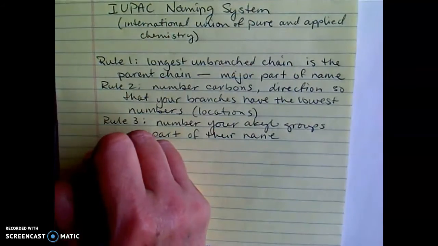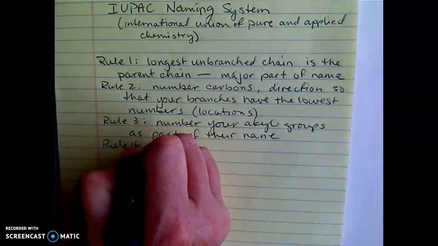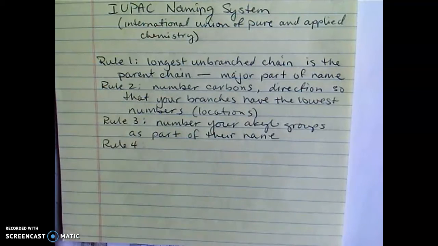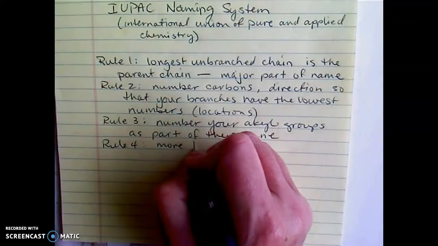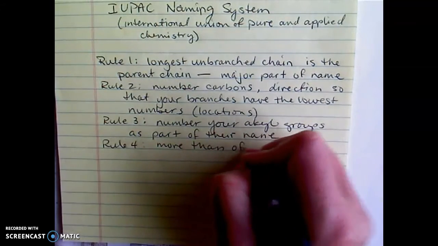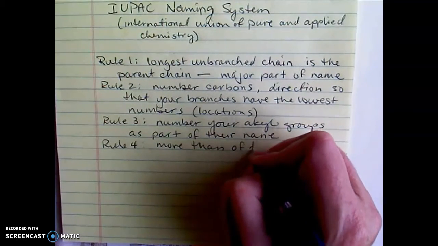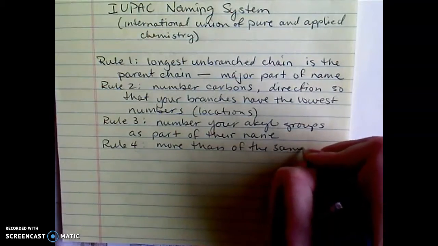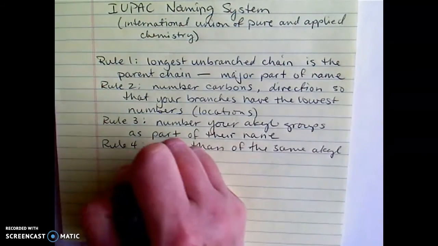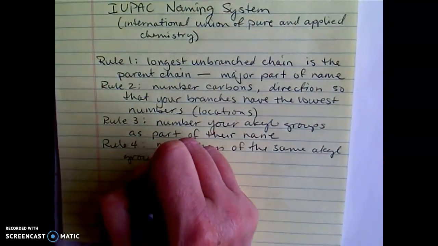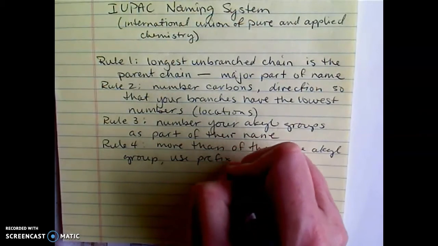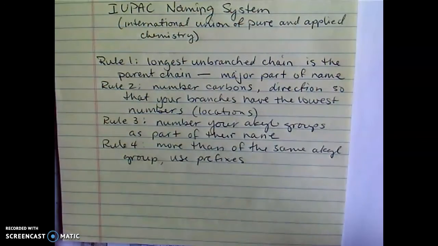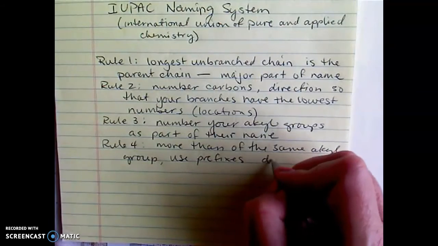All right, rule number 4, if you have more than one of the same kind of group, more than one of the same alkyl group, you need to use prefixes. So let's say you have 2 methyl groups, then you're going to say dimethyl.